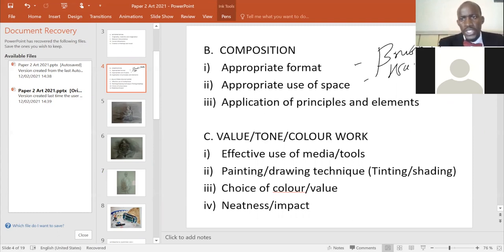We have the wash technique in painting. So we expect the learners to be able to become competent enough to use some of these painting techniques. We have other drawing techniques.